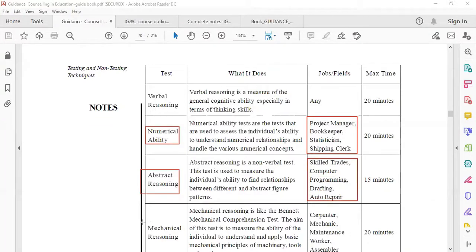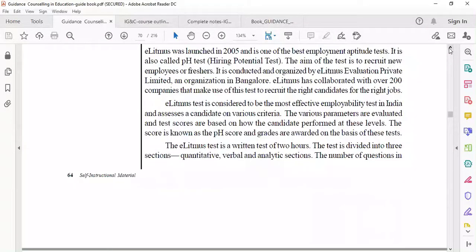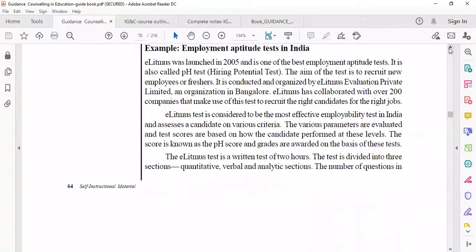If a student is very good in mechanical reasoning, he can be a very good mechanic, a mechanical engineer or mechanical diploma holder, or a maintenance worker, assembler, or carpenter. The aptitude of a person depicts his success in a particular field in future. The more aptitude a person has, the more chance of his success there is.